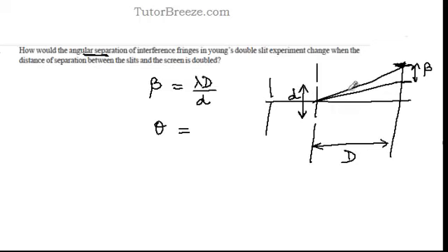Now, when we are talking of the angular separation, we are referring to this angle theta over here.